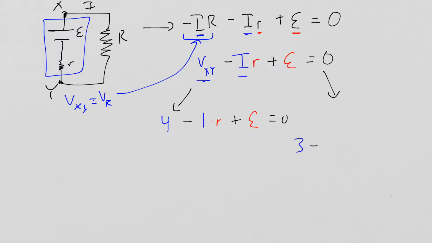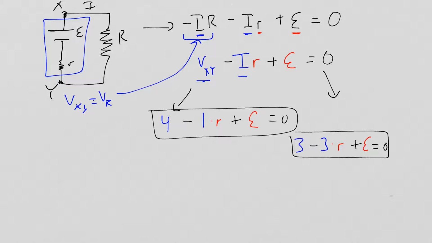Probably the easiest way to do it is to subtract one equation from the other. That would cancel out the epsilon part. Then you solve for little r and plug back in. So if you do that algebra carefully, I'll set up a little piece of it: epsilon minus r minus 4.